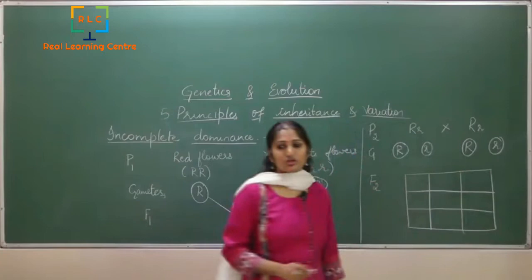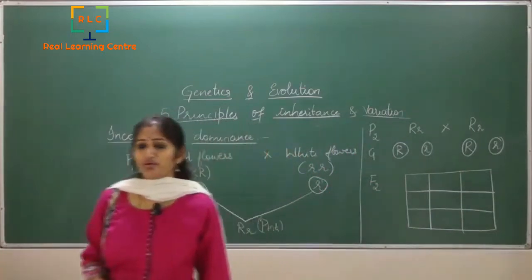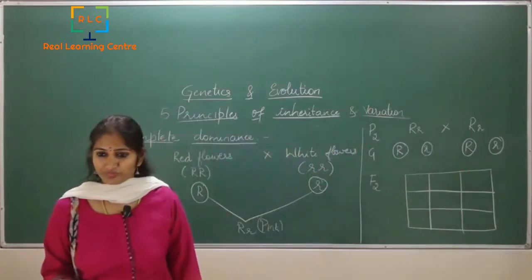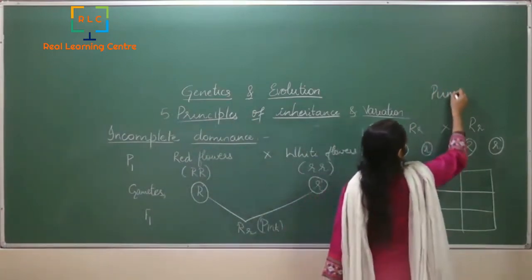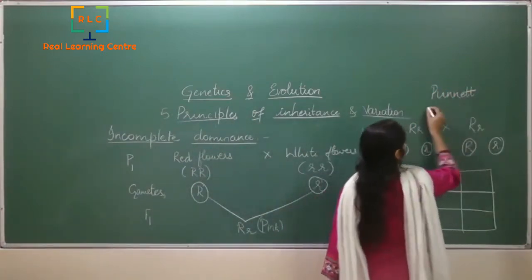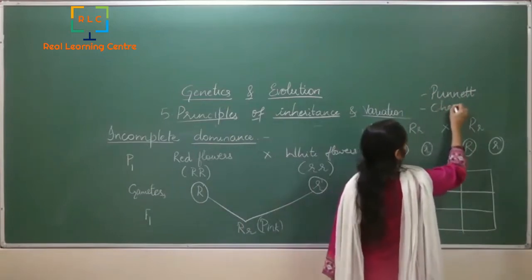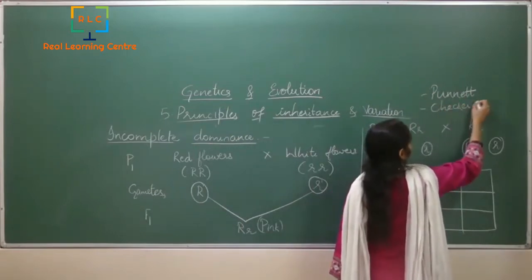Now this is called a Punnett square, or you also call it a checkerboard.